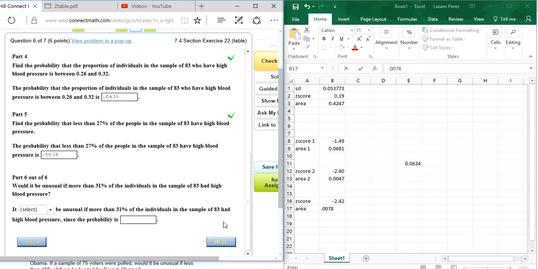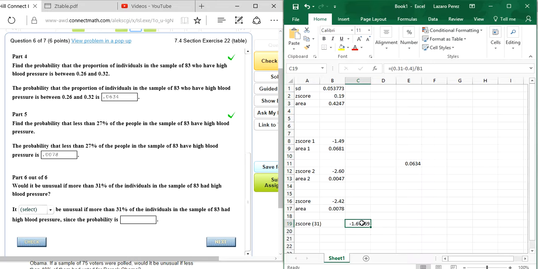Will it be unusual if more than 31%? All right, so we'll do the z-score for the point that's 31. Our formula: 0.31 minus 0.4 divided by the standard deviation.